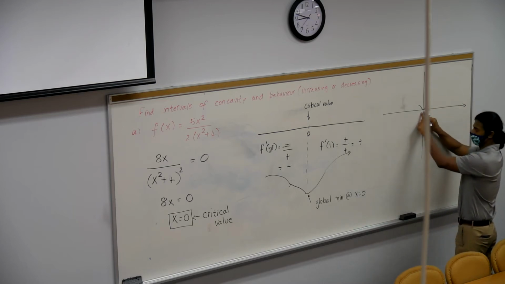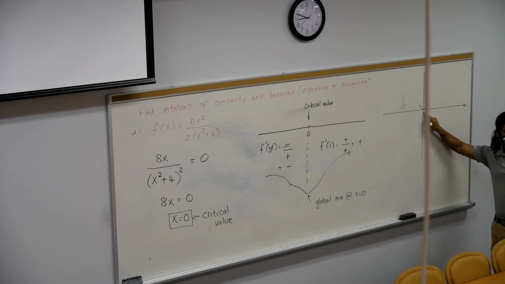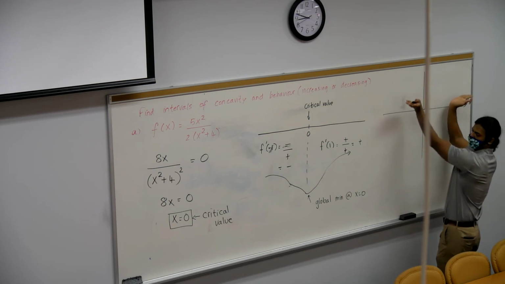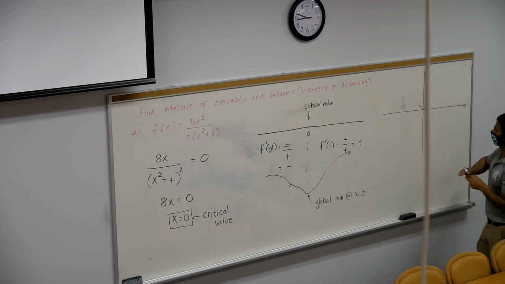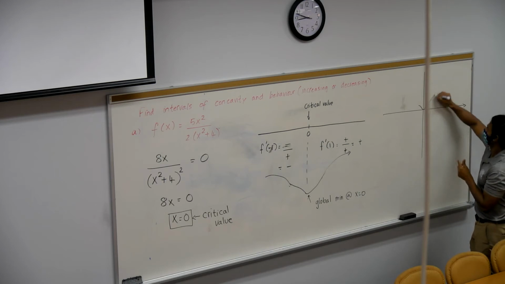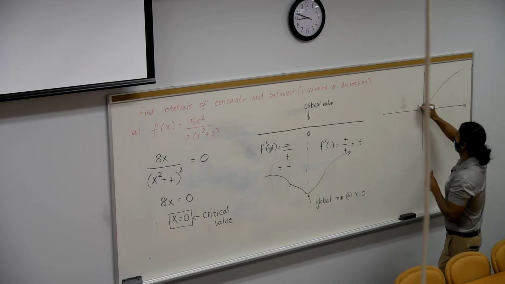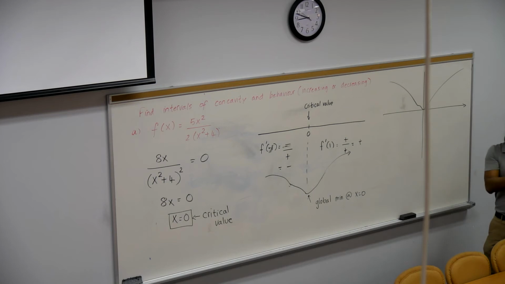I know that the minimum is over there, and it's going on either side like that. My question to you is, is it going to go up that way and up that way, or do you expect a different behavior?